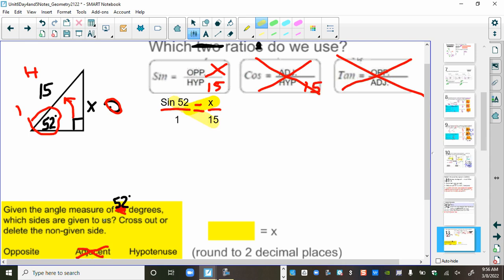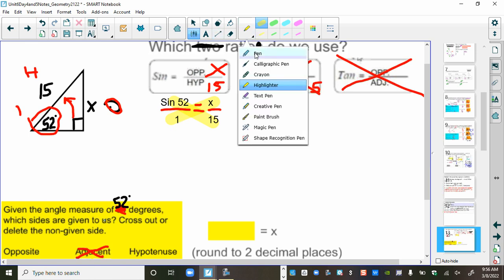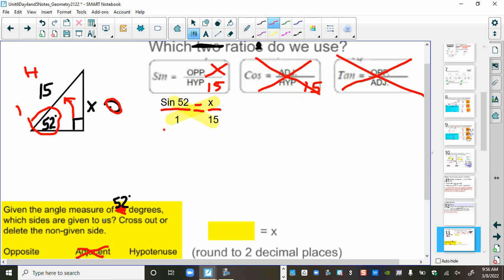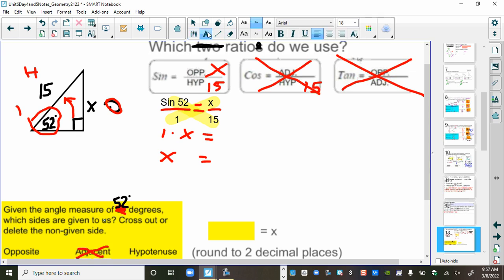If you multiply 15 on both sides, and then again, with the 1 times X, well, what's 1 times X? It's just X. And yeah, Valerie, you're basically right. You're going to be multiplying the sine of 52 times 15. I'll write it in there.